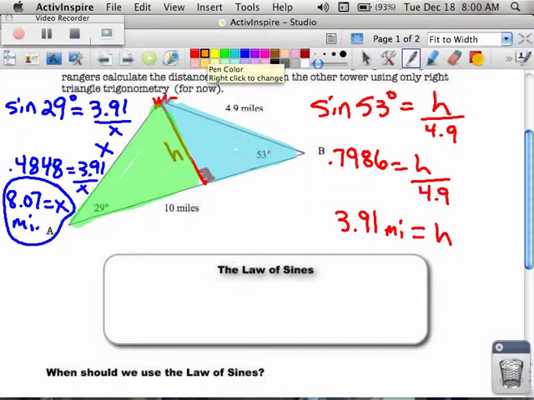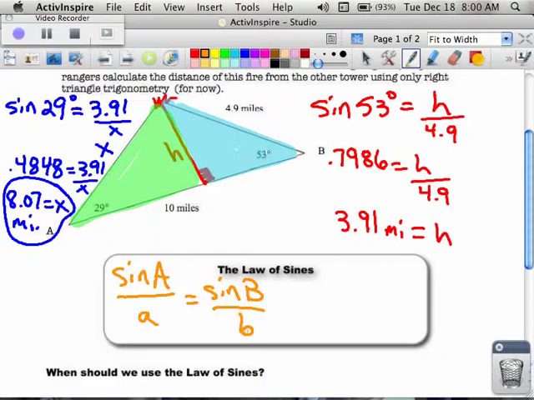I know that the sine of any angle in a triangle, let's just say we use the letter A, over the side that's opposite to it, which we always call the lowercase of that same letter, should be equal to any other sine in the triangle, maybe a B, compared to its side opposite. Or even the third side in angle, the sine of C, over its side that's opposite. This is called the law of sines.